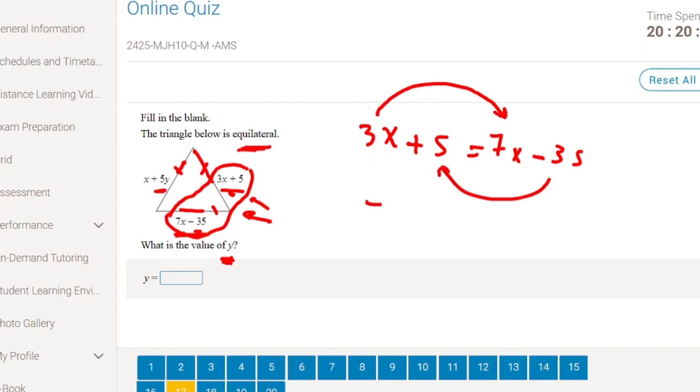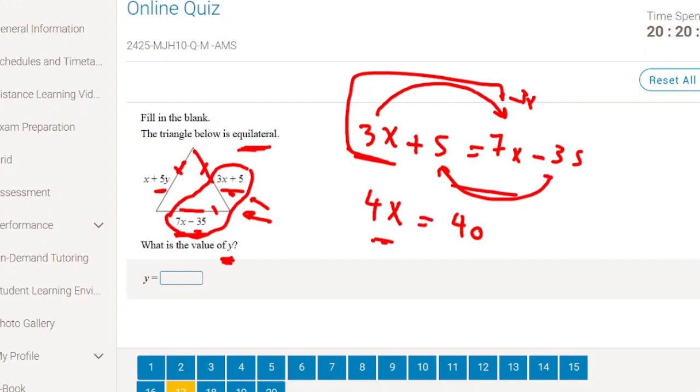So at last 4x will be equal to 40, right? Because 3x will go to the other side with minus 3x, so the result will be 4x. And minus 35 will go to the other side with plus 35, so it will be 40. So here x will be equal to 10 because we divide by 4.